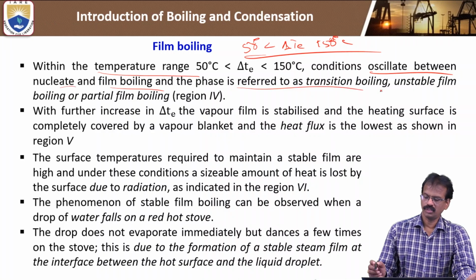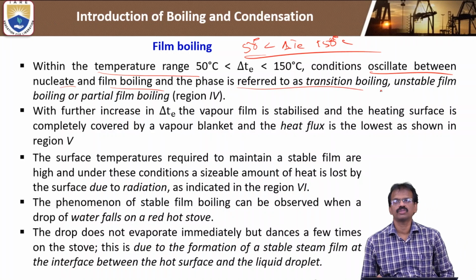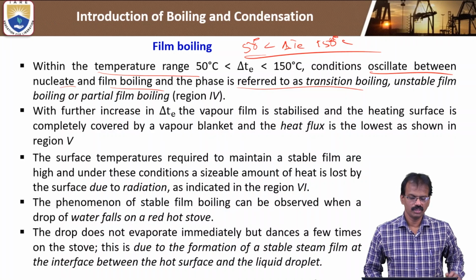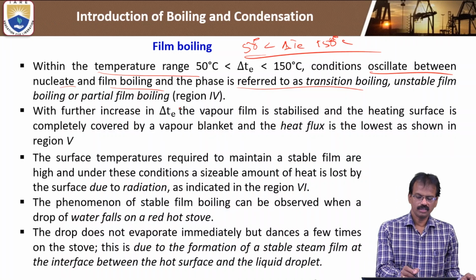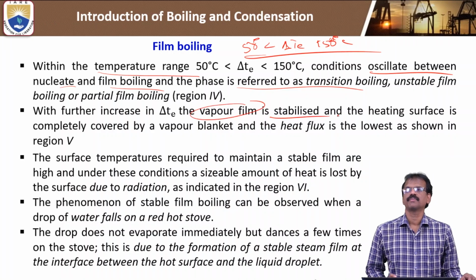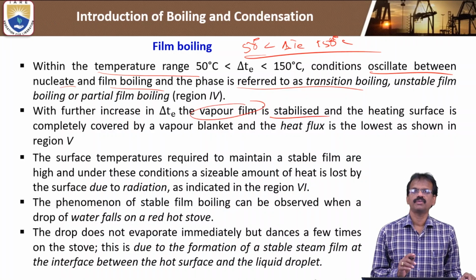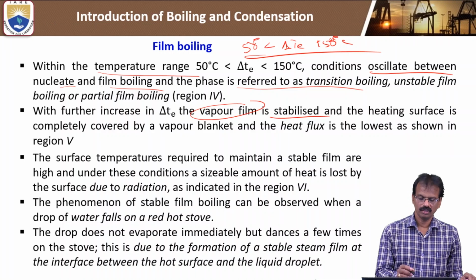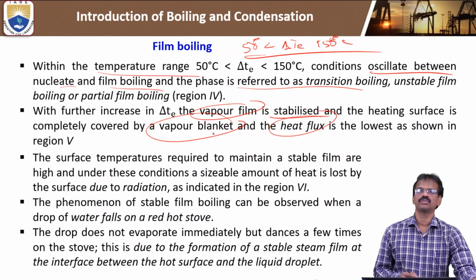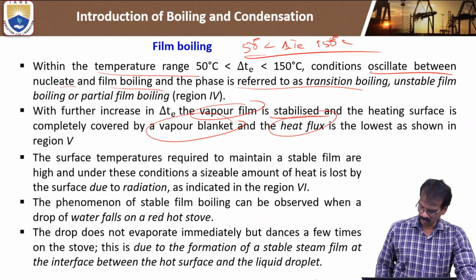This phase is referred to as transition boiling, because we go from the nucleate boiling phase to the film boiling position. With further increase in delta T, the vapor film stabilizes, and the heating surface is completely covered by this vapor blanket. So the heat flux is lowest in the region shown. Okay, here you can see.